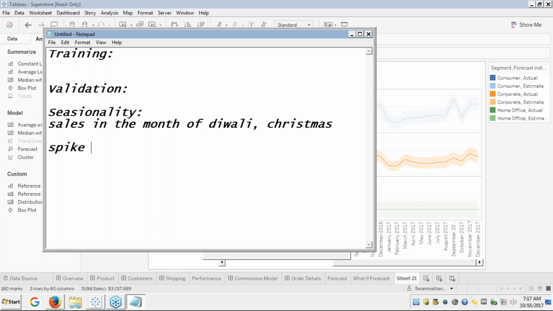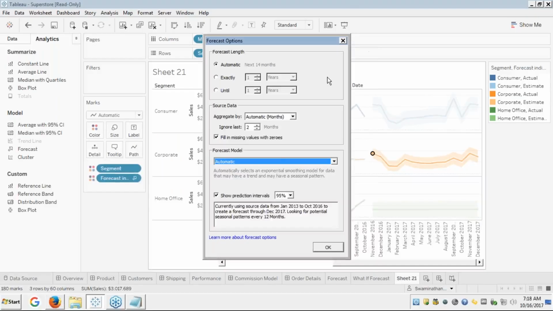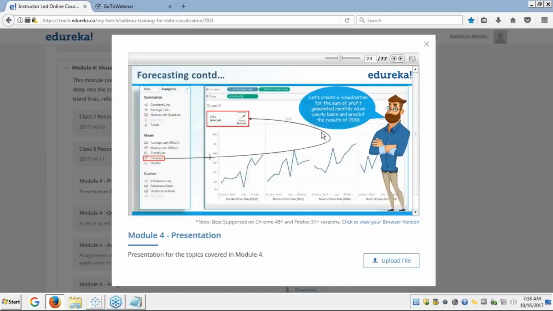There would be a spike in buying patterns, a spike in spending, maybe in terms of clothes or other accessories. So you can see a spike in trend there. Either the movement can be upward or downward.